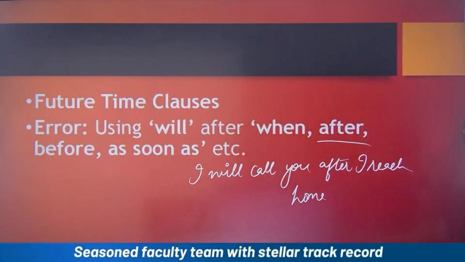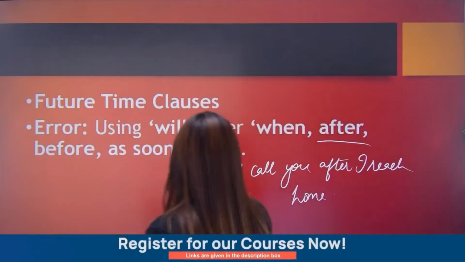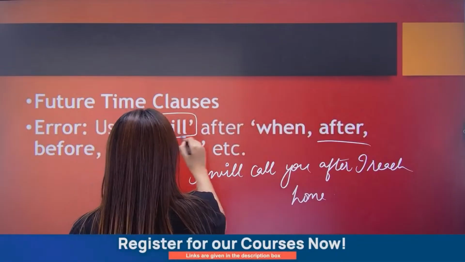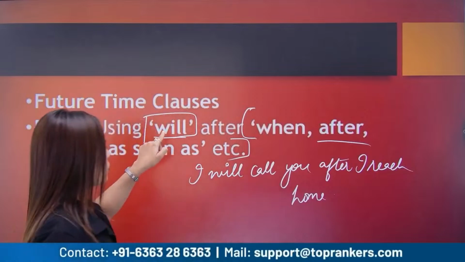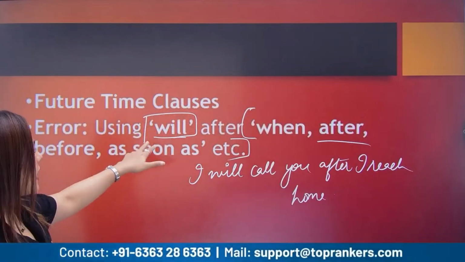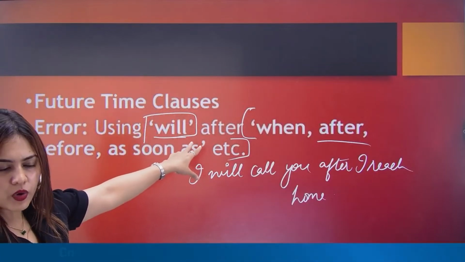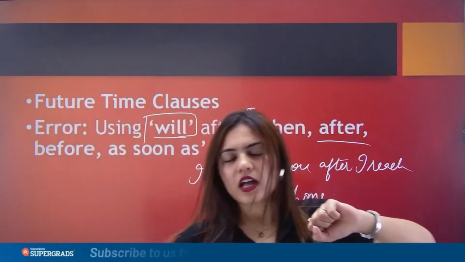They have already given you the word after in this list, isn't it? So remember, whenever you see these words being used, you use the future time clause, which is will. Okay, I will call you after I reach home.